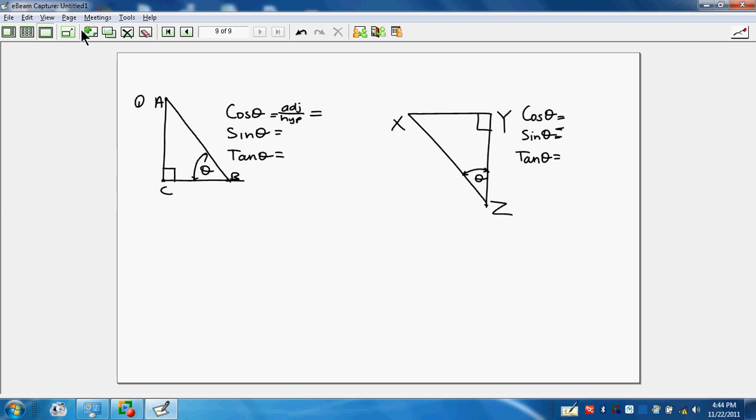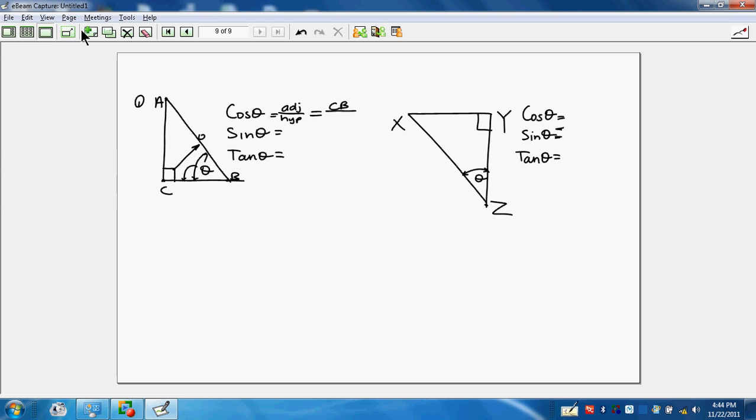Adjacent would be the side nearest to that angle theta, which would be the side CB, and the hypotenuse will be the side opposite the right angle, which is the side AB.